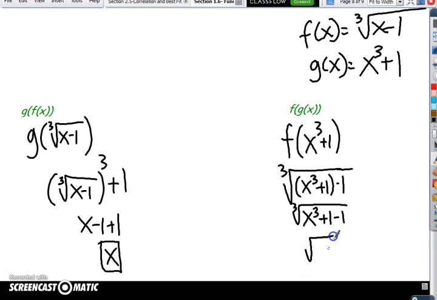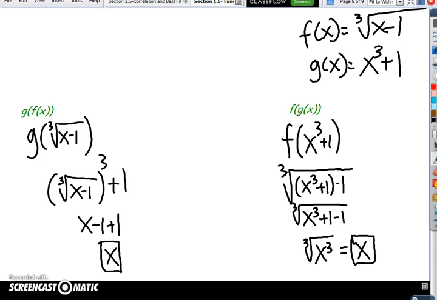That's just the cube root of x to the third, because plus 1 minus 1 equals 0. The cube root of something cubed is just x. Huh. X marks the spot. Yay! See, someone got it. So, they both equaled x. They both ended up equaling the same thing.